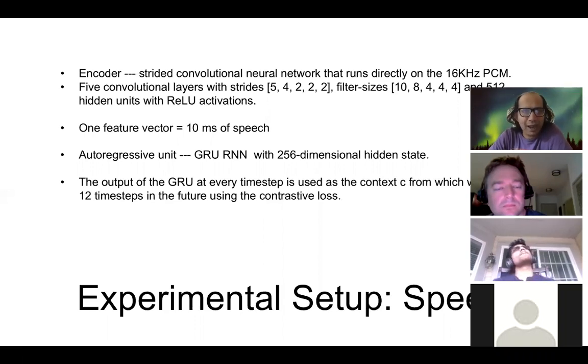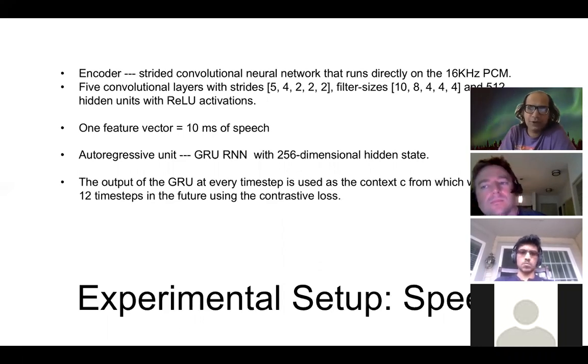And they have downsampled the input space into 10 milliseconds of space. That means for every 10 milliseconds, one feature vector will be generated. Is that clear?